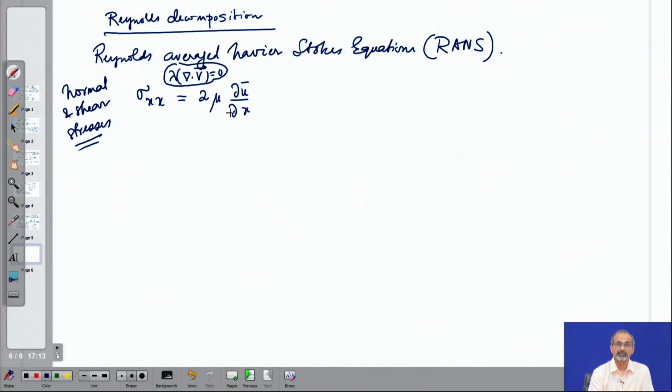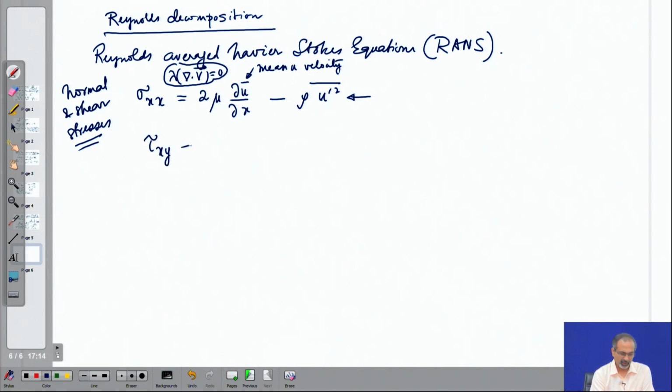You are only considering the 2 mu del u del x, but here there is an overbar because this is coming from the mean u velocity, the time mean of the u velocity. And then comes an additional term which we did not see earlier. This is the additional stress which comes due to fluctuations. You can see that it is dependent on u dash, the fluctuations along the x direction in the u component of velocity.